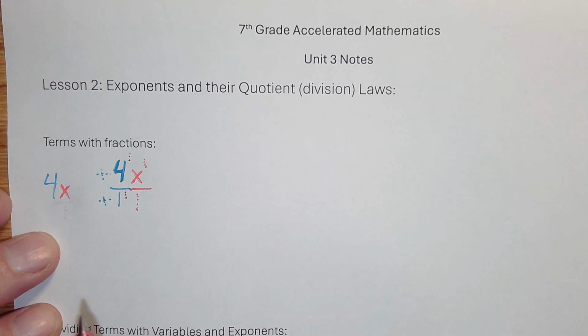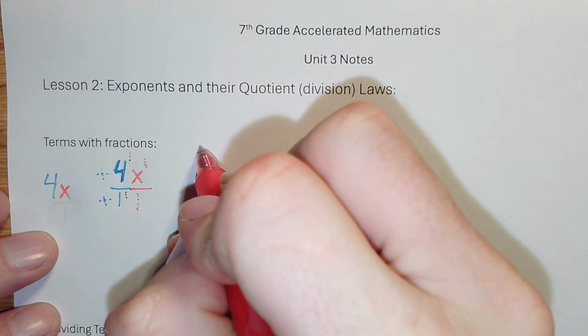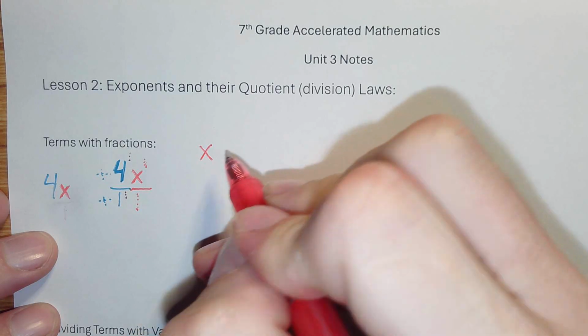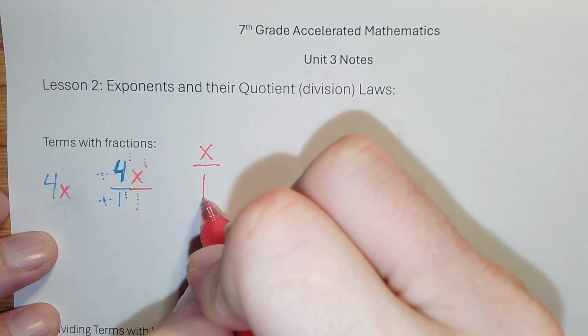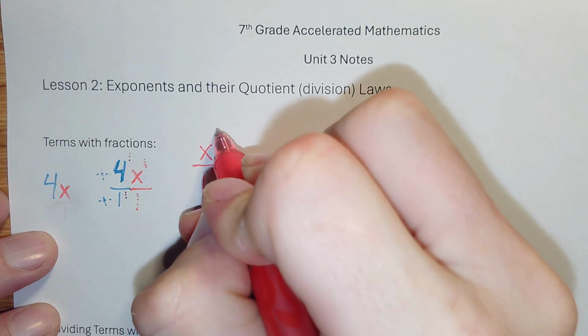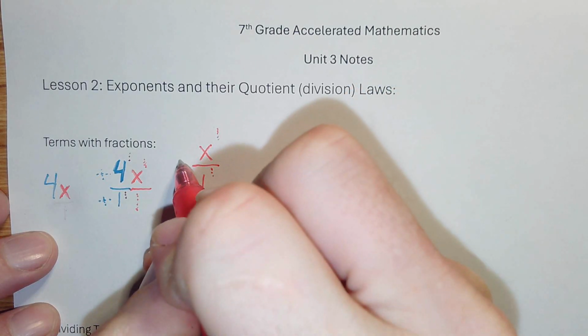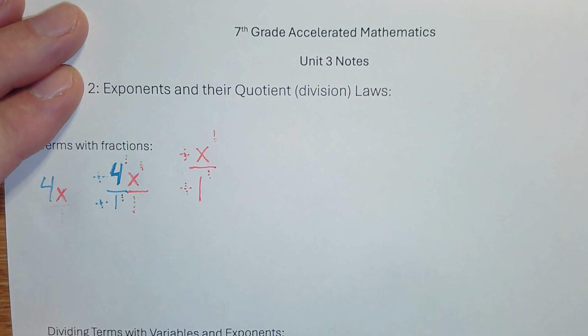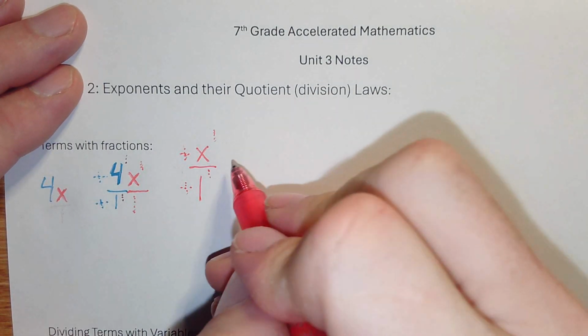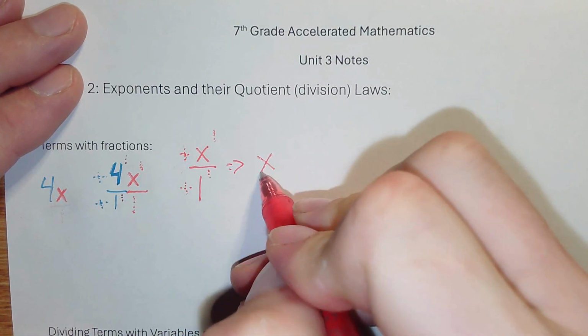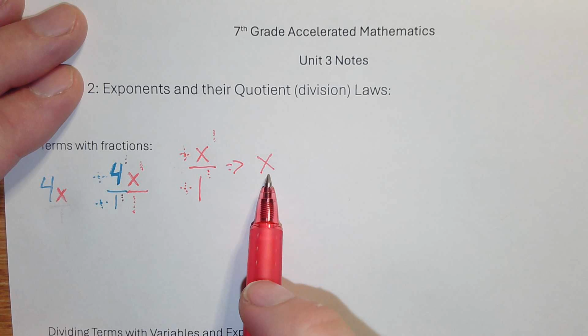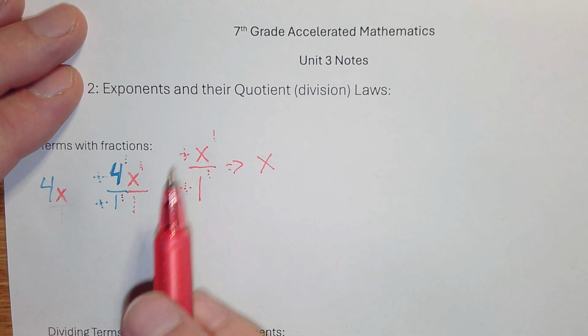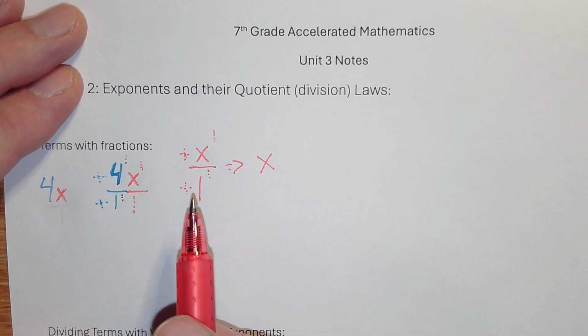In its most simple terms, x is x over 1 to the first, and that's positive, and this is positive. They're just invisible, but we just write it as x. That's way easier and quicker to write than all that information if you want to be technically accurate.